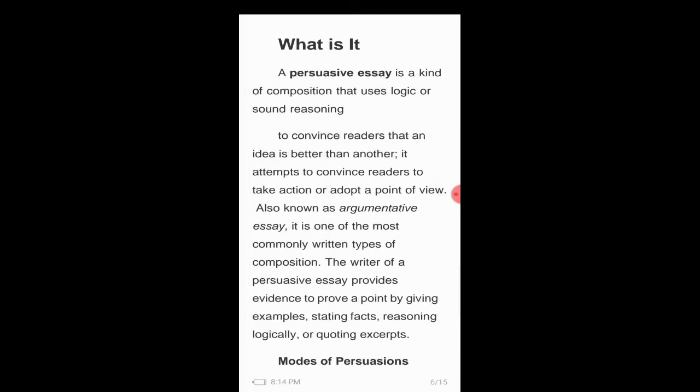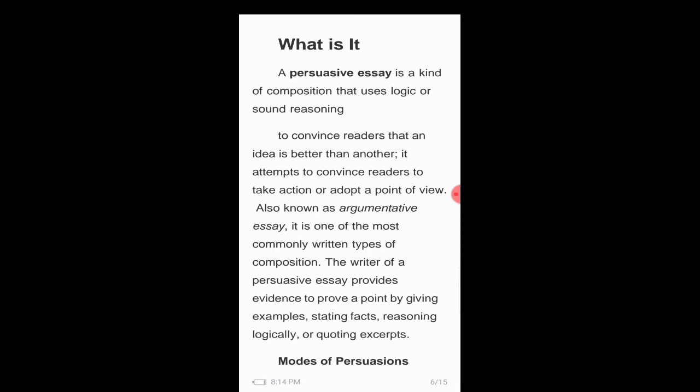So let us define deeply what a persuasive essay is. It is a kind of composition that uses logic or sound reasoning to convince readers that an idea is better than another. For example, I am the writer. I wrote a persuasive essay.